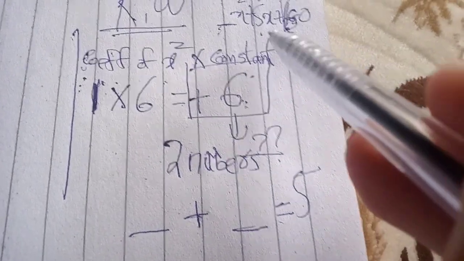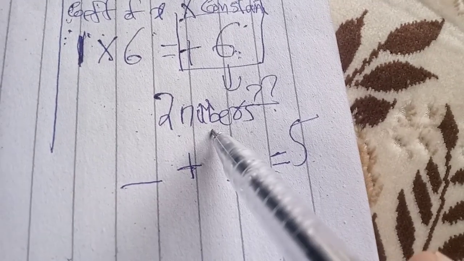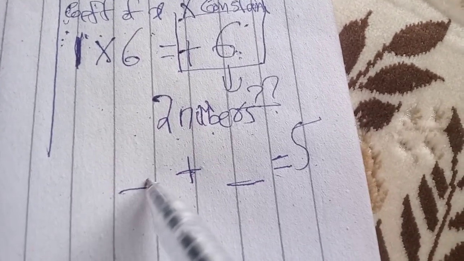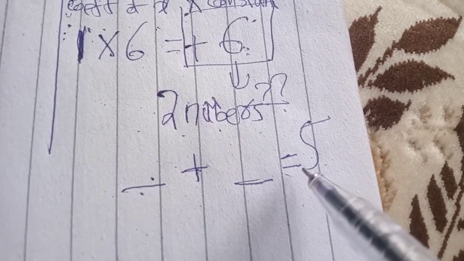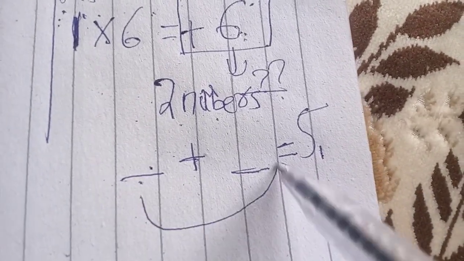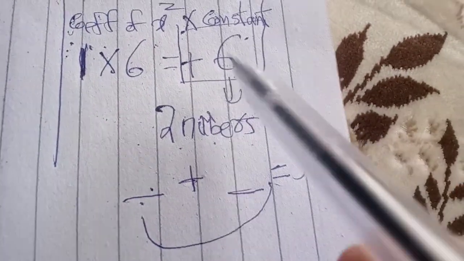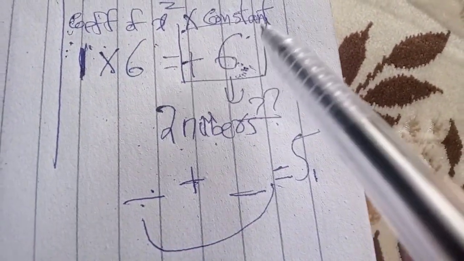Middle number means the coefficient of x. Okay, two numbers that are added to get 5 and their multiplication answer is 6. Okay, 6 is our coefficient times constant answer.